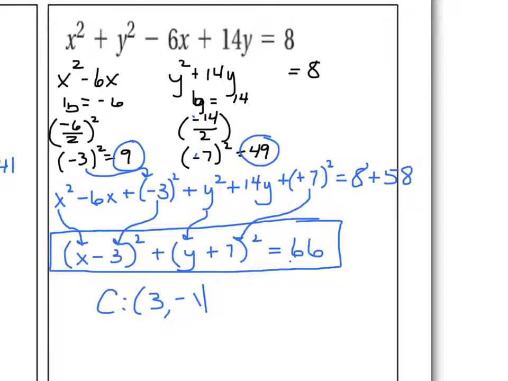Okay. Center's at 3 and negative 7. And my radius, since 66 is not a perfect square, I'm going to take the square root of 66. So now you can write the equation of a circle in standard form, given this information.